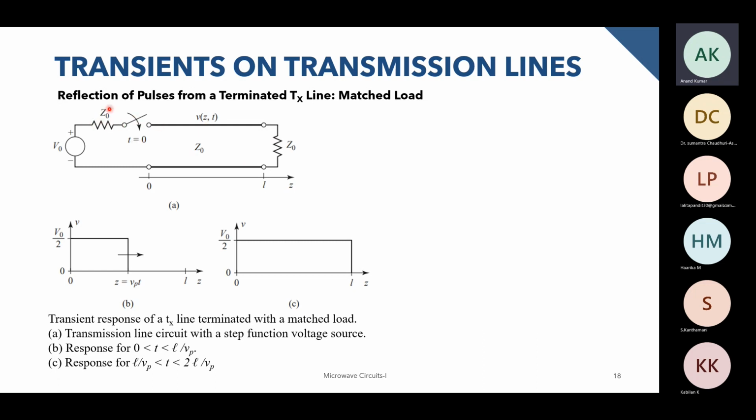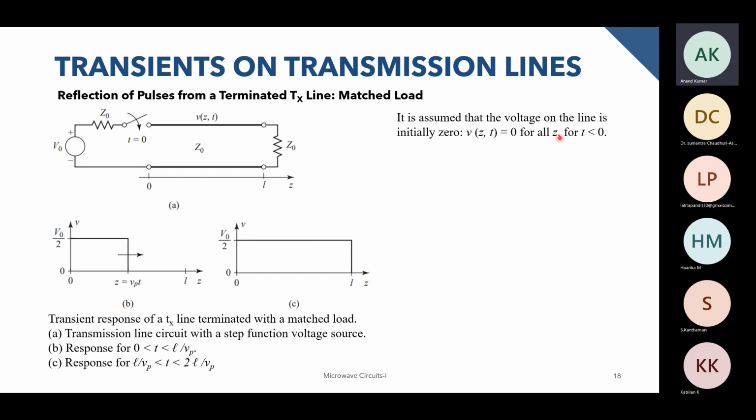So we will have V0 by 2 across the source resistor, and V0 by 2 throughout the transmission line and across the load as well. Between time 0 and L by Vp, the voltage versus the transmission line length looks like this. For t greater than L by Vp, the voltage remains equal to V0 by 2 throughout the transmission line.